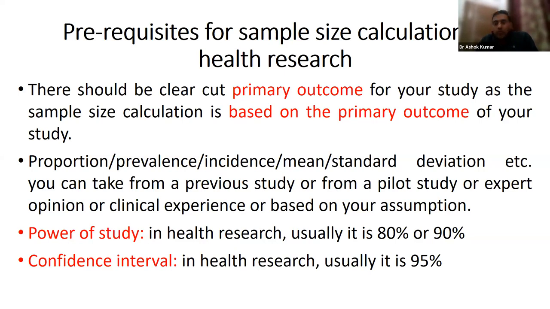Then we have to remember the power of the study; always take 80%. You can take 90%, no issue, but remember that if we take 90%, the sample size is greater than for 80%. Suppose we are calculating sample size for a prevalence study or single mean: there is no power, please remember.